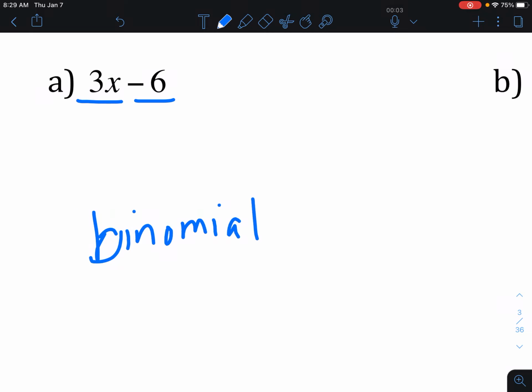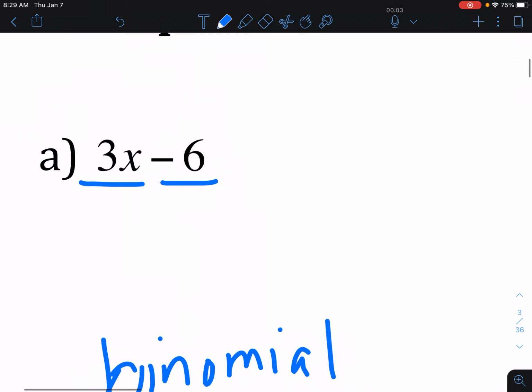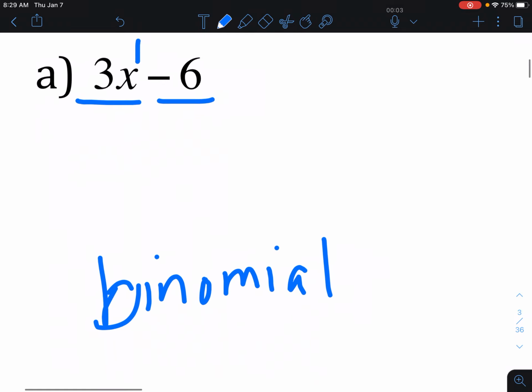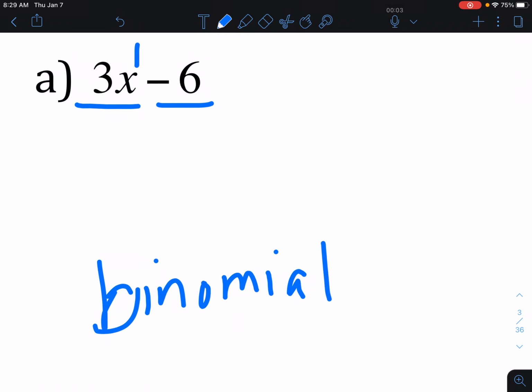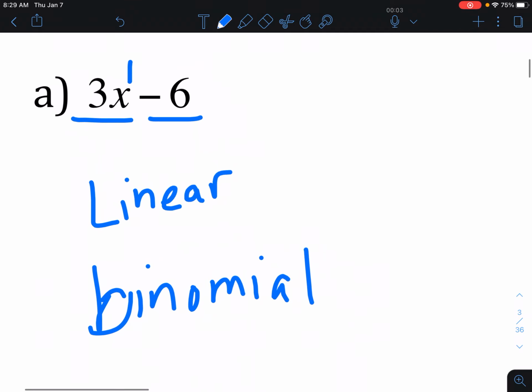And its highest exponent is an invisible 1, so that means it is linear, according to the notes above. So we have a linear binomial. We have just classified it based on degree and number of terms.